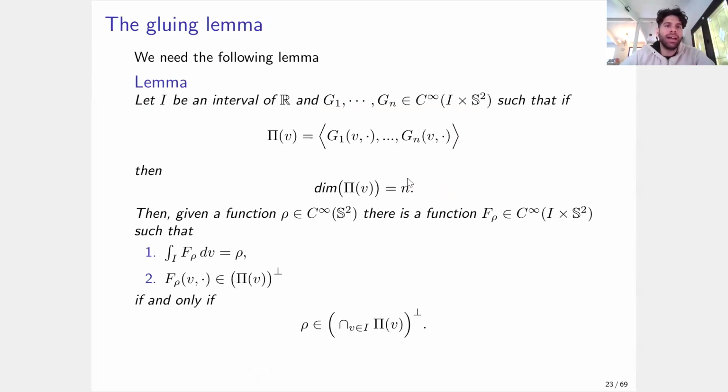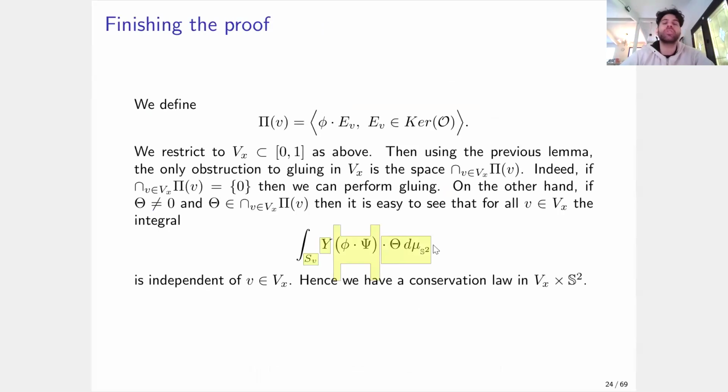Why is it of this form? We proved that if you have kernel, then you have these conservation laws. How can you conclude that these are the only conservation laws, independent of any other aspect of the geometry? Well, precisely because if your sphere data at S1 and S2 respect this conservation law, then you can do gluing, which means that if you had a third conservation law, then you wouldn't be able to do gluing, right?